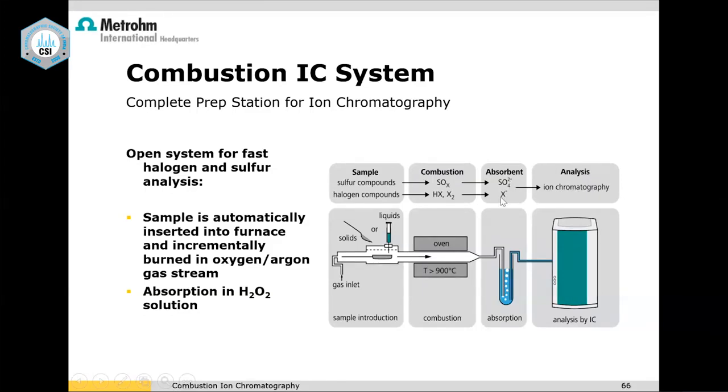And halides will become F minus, Cl minus, Br minus or I minus. This is then automatically injected into the ion chromatography. This entire setup is completely operated using a single software. With this, we are able to analyze gasoline, that is petrol, or diesel or biodiesel, etc. We can monitor the sulfur content, whether it is less than 10 ppm. Of course, you can calculate how much sulfur is there as sulfate. So this is just an example.